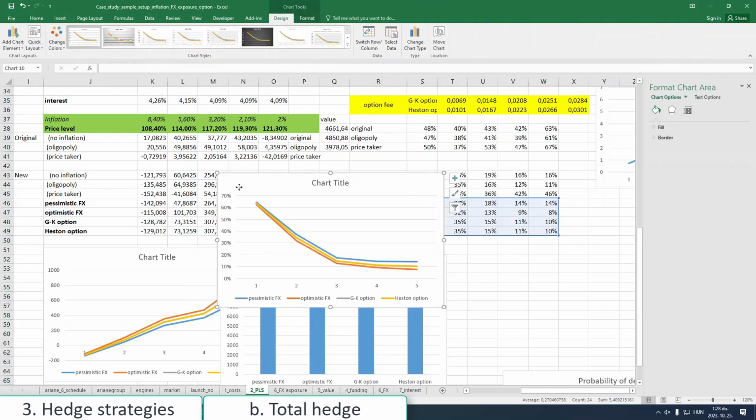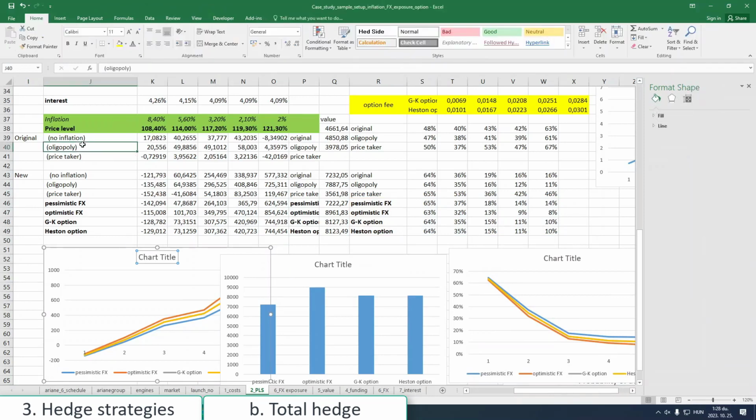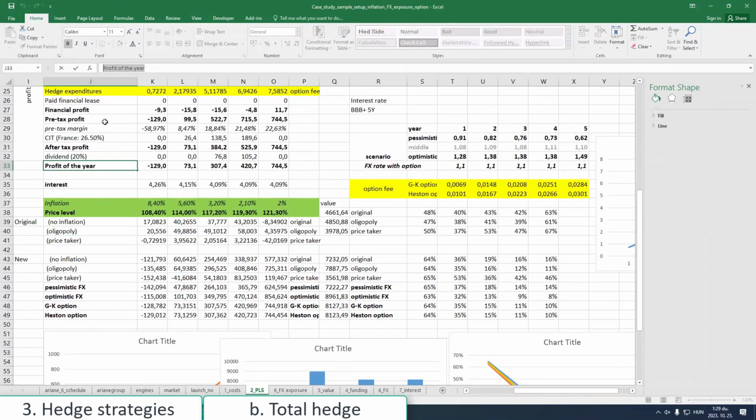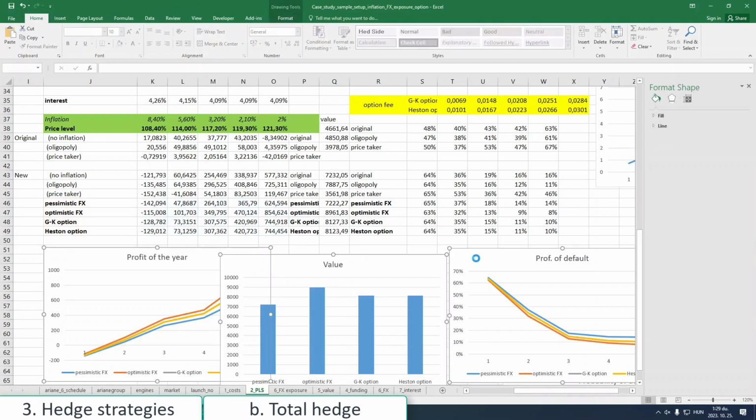Here were more lines. Profit for the year. Value. Probability of default. Copy, copy, copy.